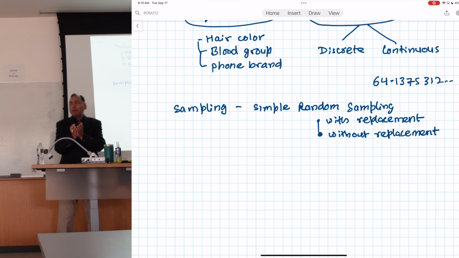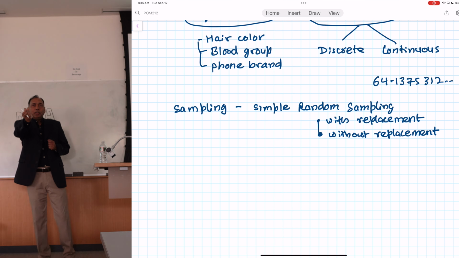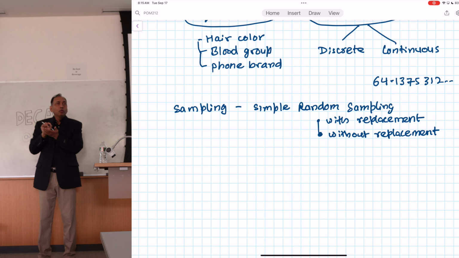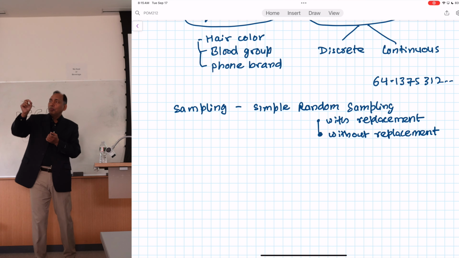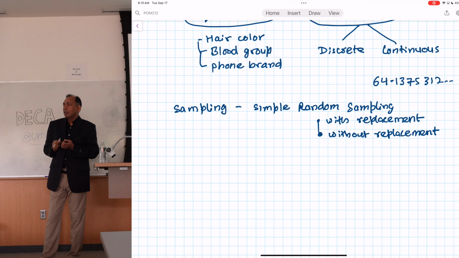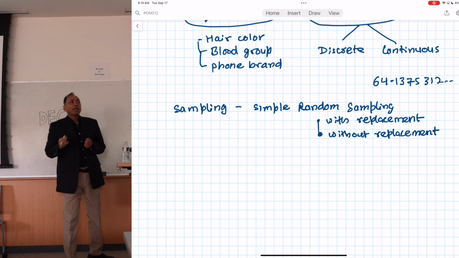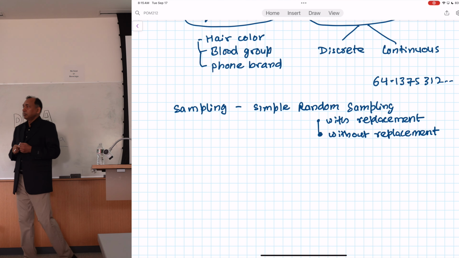Let's say you have 52 cards, and you take a sample. One card you take out, you note down what that card was, that becomes your data point, and then you put it back in the pack of cards. So that is with replacement. Next time, again, you shuffle and then pick up one more card and note down.